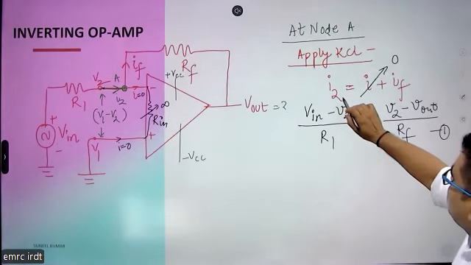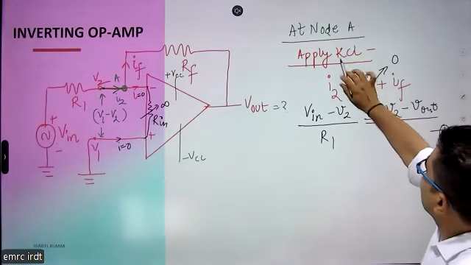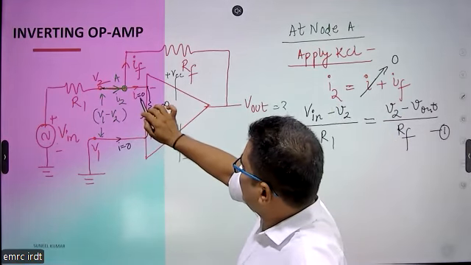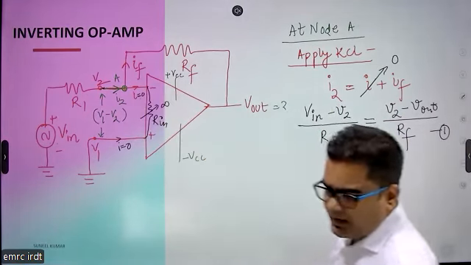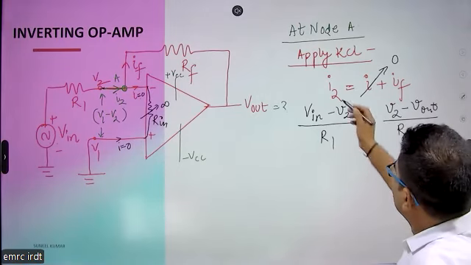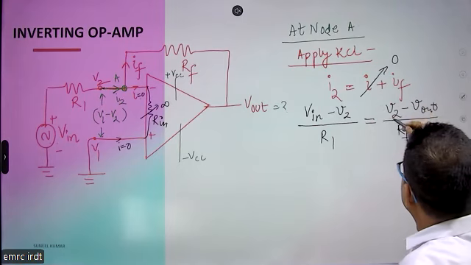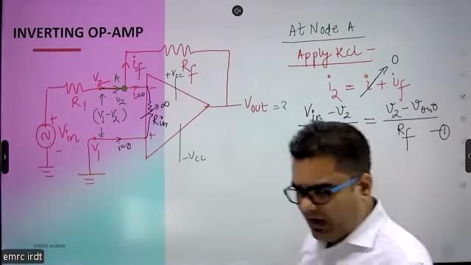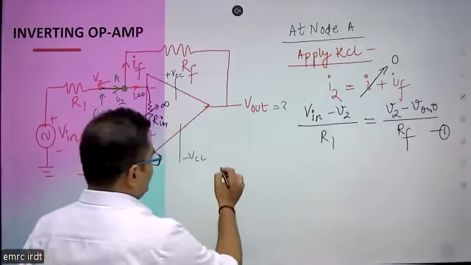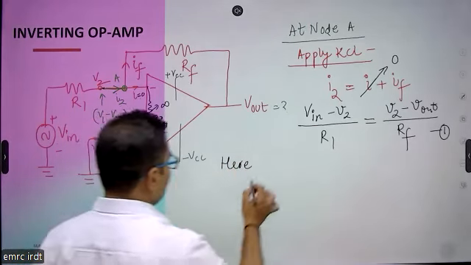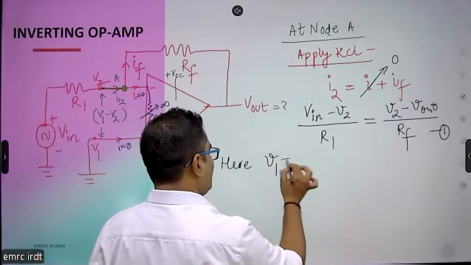So we have applied KCL here: this is the I2 current, the small I current becomes 0, and this is the feedback current IF. Then we have written the values of these currents: V input minus V2 by R1, and V2 minus V output by RF. Now, what is the value of V1?